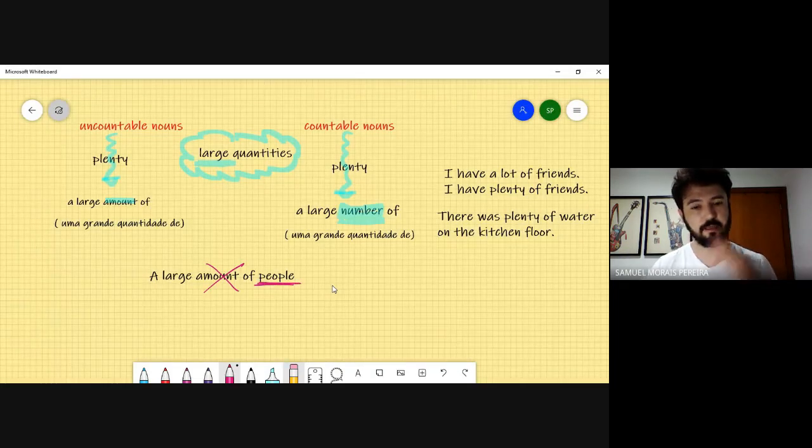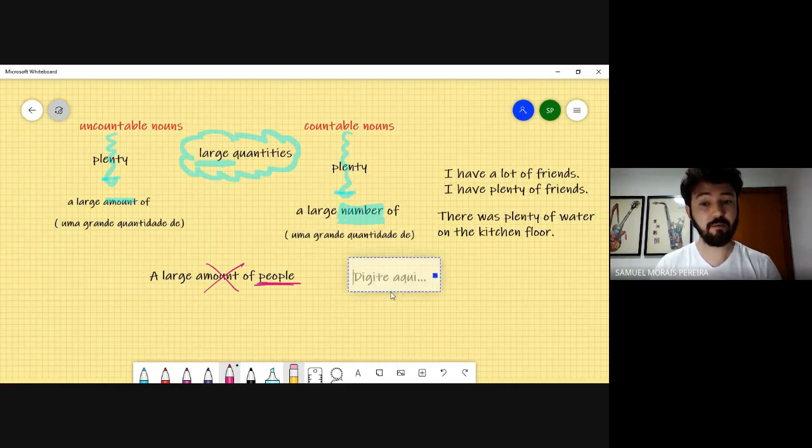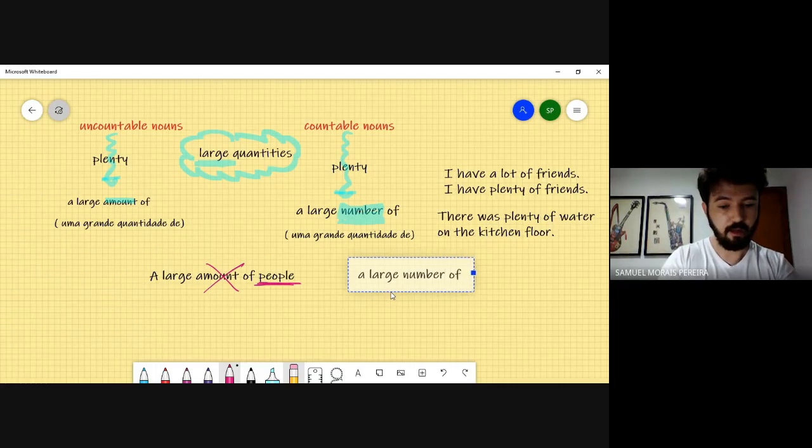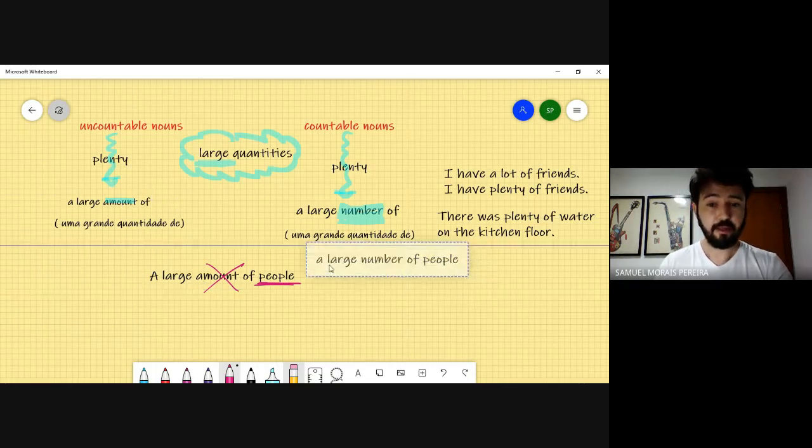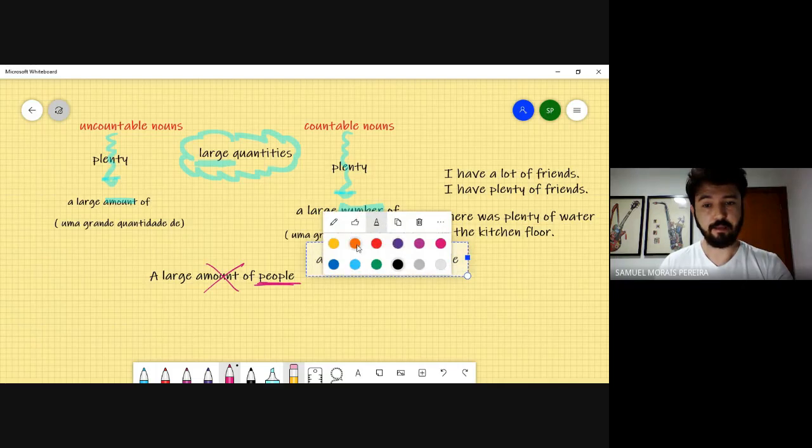And with countable nouns in the plural, you have to say a large number of. So a large number of people. This is possible, okay? A large number of people. And amount is only used with things in the singular.